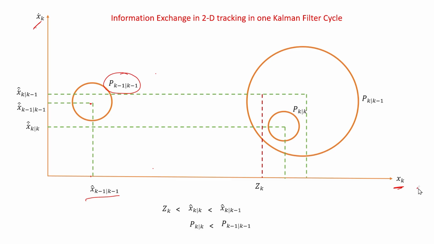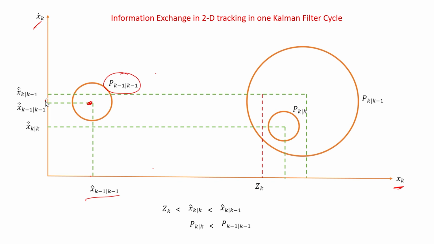You are at time t equal to k minus 1, with state estimate x at k minus 1 and x dot k minus 1. The center point's x value is your position, the y value is your velocity, and the radius is p k minus 1 k minus 1, your error variance.